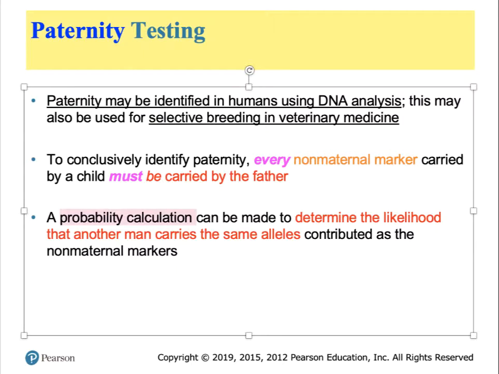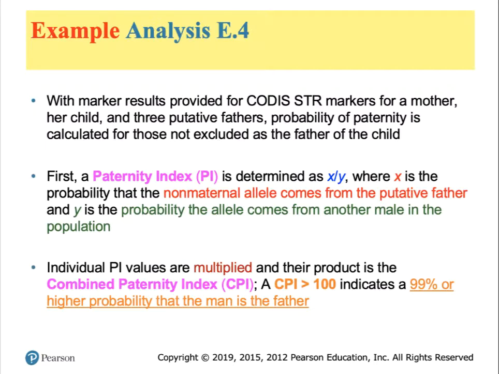Again, this is a probability calculation, and in this case we're trying to determine the likelihood that another man carries the same alleles as contributed by the father. Once more, examples shall be used to demonstrate paternity testing.